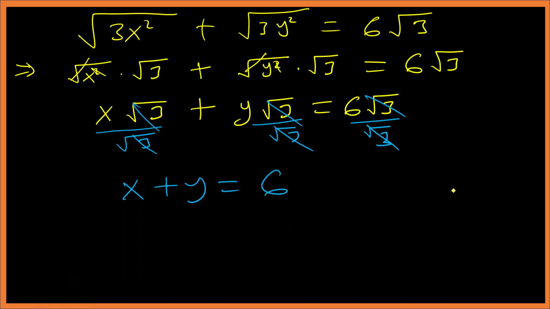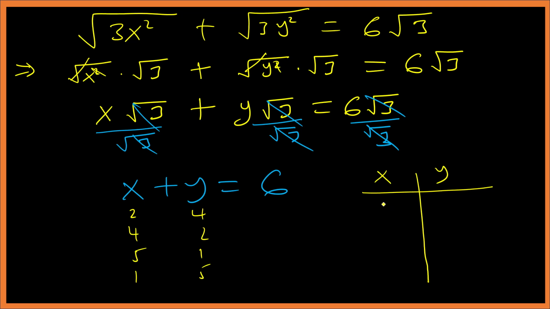Now let's observe this. So from here, x, y. Now if I put 2 here, this side will be 4, and if this side is 4, this side will be 2. If this side is 5, this side will be 1, and if this side is 1, this side will be 5.